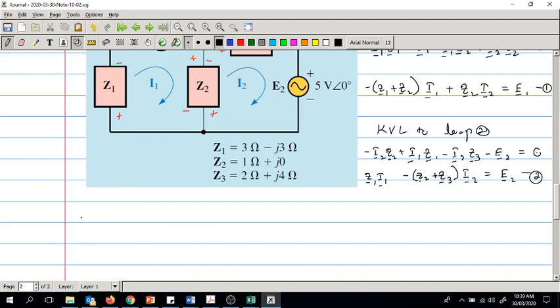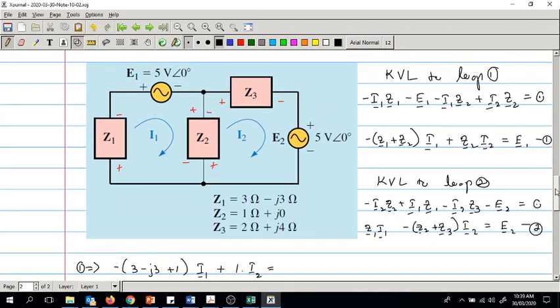Now from equation number 1 we will substitute the values. Minus Z1 is 3 minus j3, plus Z2 plus 1, I1, plus Z2 is actually 1, right? 1 times I2 equals E1.